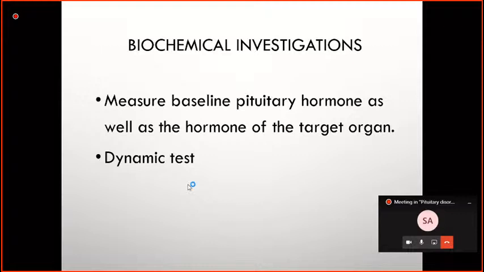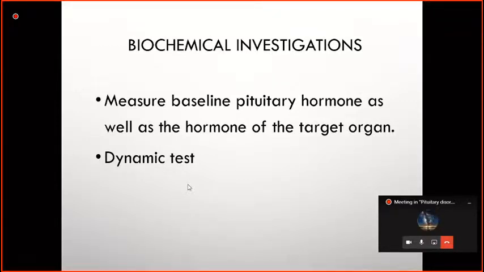What else do you do? What is a dynamic test? We test which hormone is having a disorder by either stimulating or suppressing it. So it is a dynamic test. Some books also call it a provocative test.